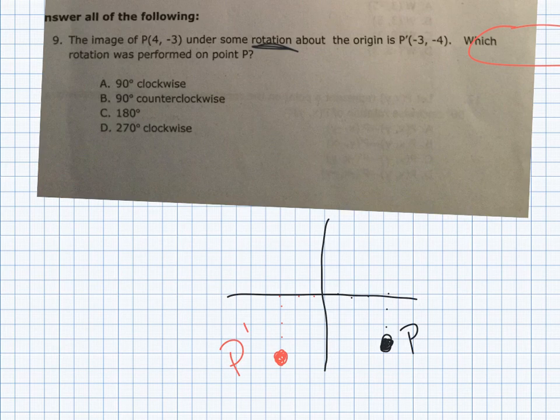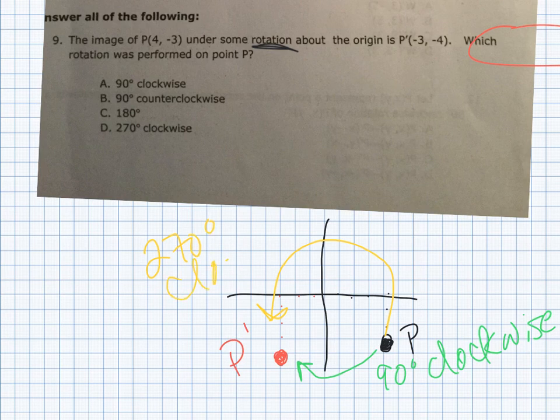Well, if I just look at this, and some of you can see this, this is 1/4 turn, so this is 90 degrees, and I'm going clockwise. Or you might look at this and say, no, it's going this way, which is 270 degrees clockwise.